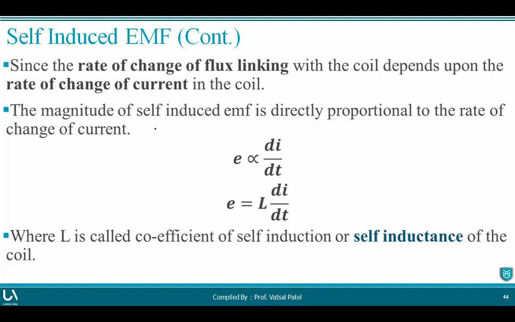So there will be some inductance of that coil, and that is represented by the capital L. So remember the equation of the self-induced EMF: E is equal to L di by dt. Are you getting up to here?